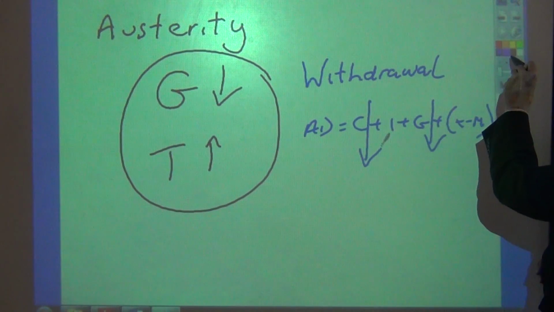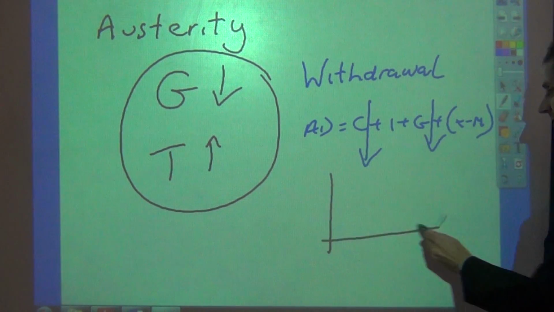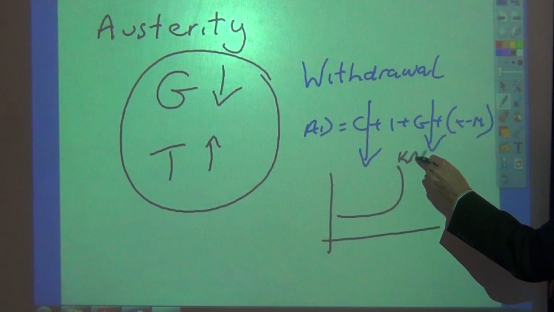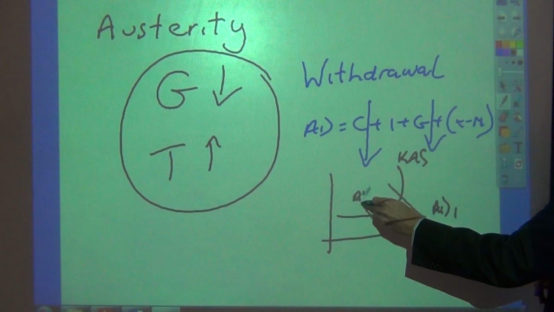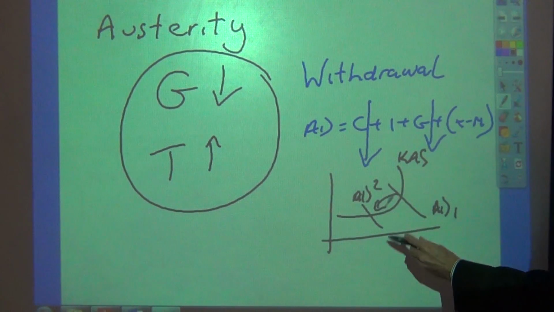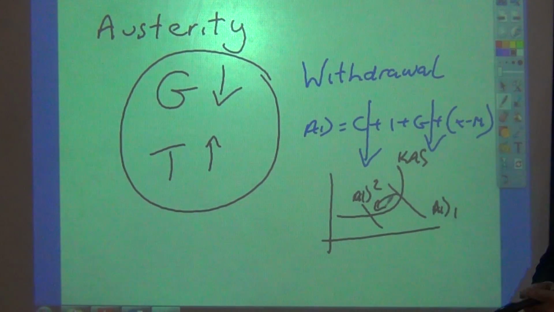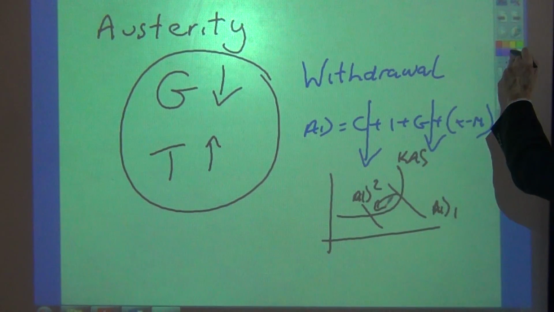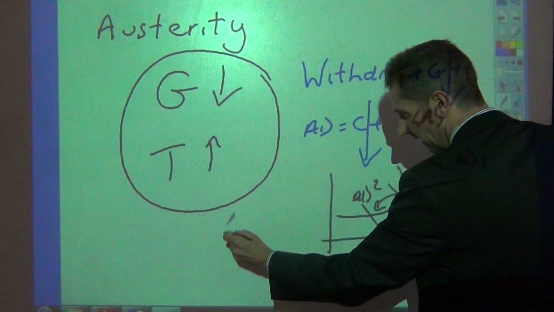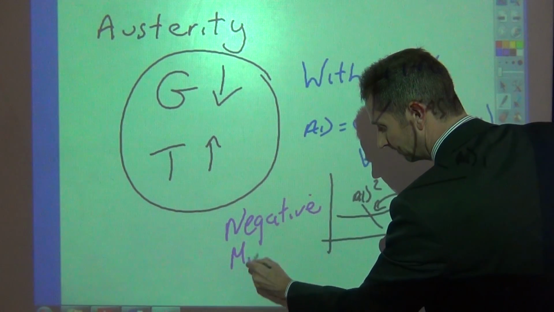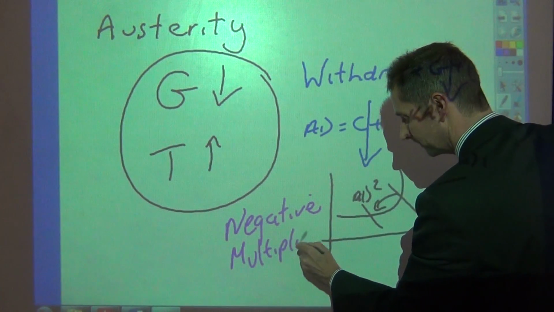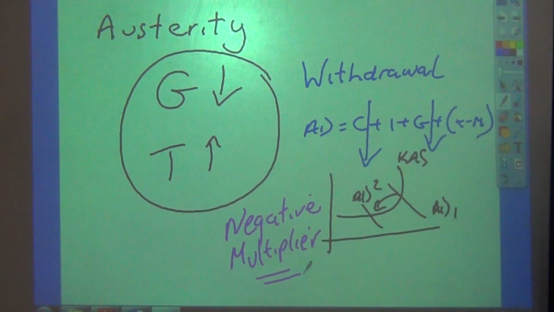And as a consequence of falling consumption levels, again, we could be doing similar analysis in terms of AD1 shifting to AD2, putting all the equilibrium points on and so on, talking once again, ladies and gentlemen, let's reiterate, about the negative multiplier. Again, a constraint on the growth of the economy.